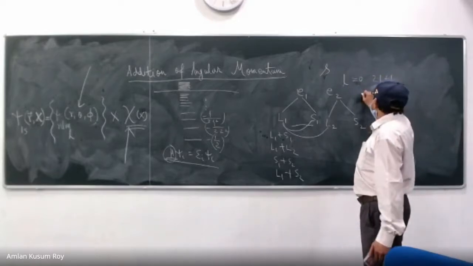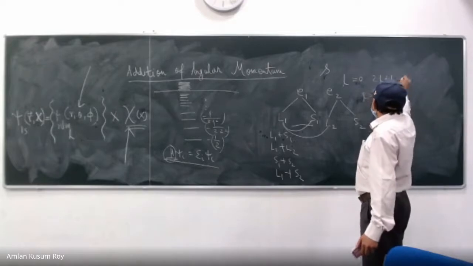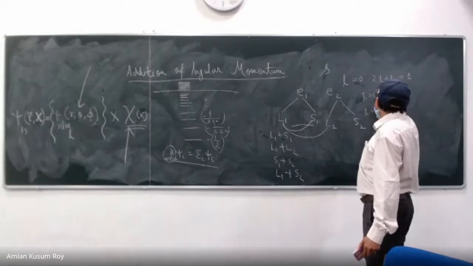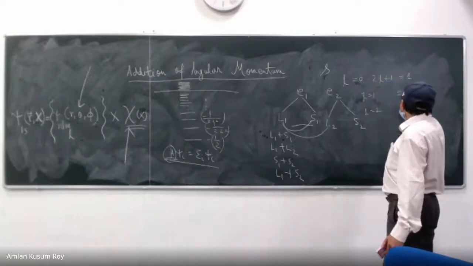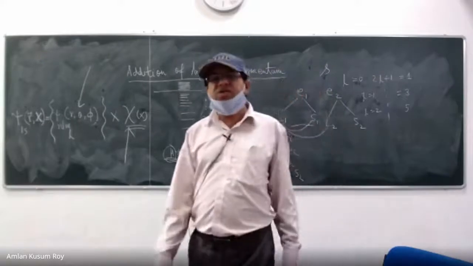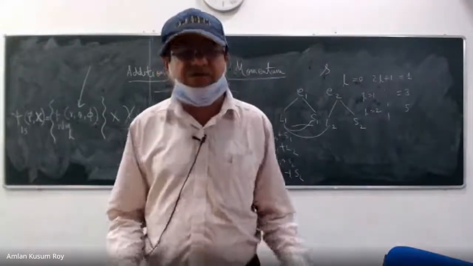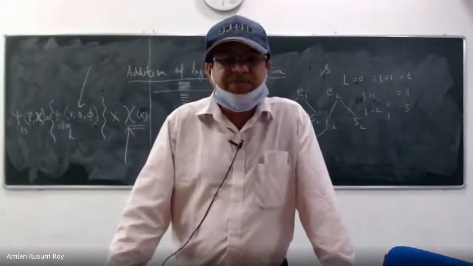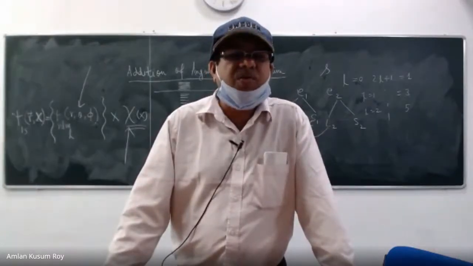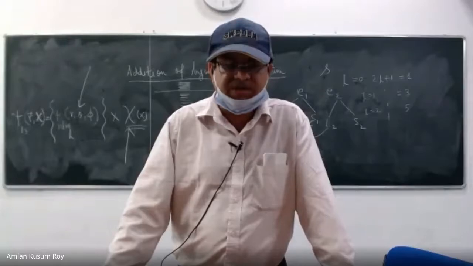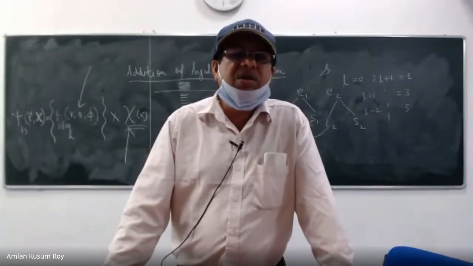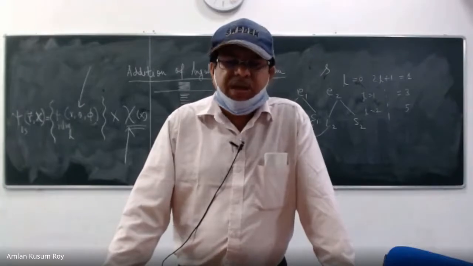If L is 1, this is 3; L equal to 2, this is 5. It goes like this, twice L plus 1. So for a given S, you also have twice S plus 1 spin states. Twice S plus 1 means 2 into half plus 1, which is 2 spin states. That means S equal to half gives rise to the 2 spin states.